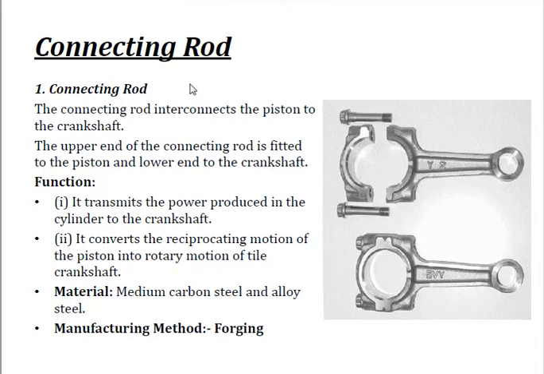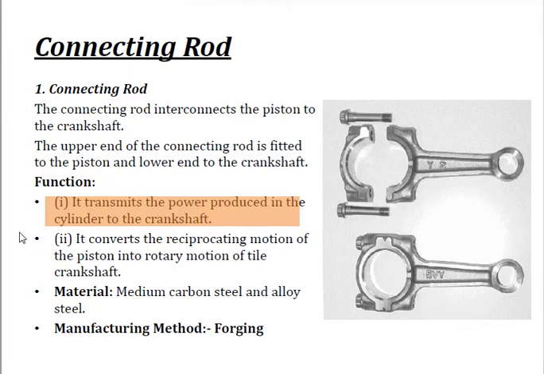The upper end of the connecting rod is fitted to the piston and the lower end is fitted to the crankshaft. Its function is to transmit the power produced in the cylinder, in the power stroke by the piston, to the crankshaft.